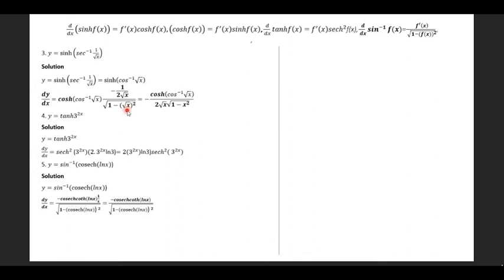What you are squaring in this case is root x, and remember, root x is the same as x to the power half. So it would be half times x to the power negative half, and negative half is what causes that x to come here in the denominator.